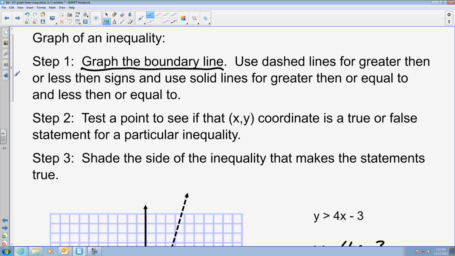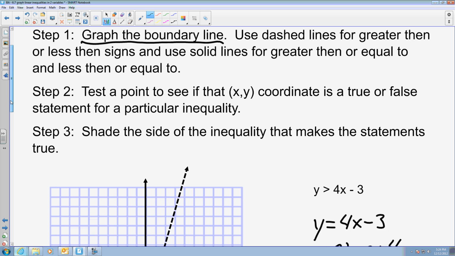The only difference is you must take a look at the inequality itself. You end up using dashed lines if the inequality is a greater than or less than sign. You would use a solid line if it's a greater than or equal to or a less than or equal to.